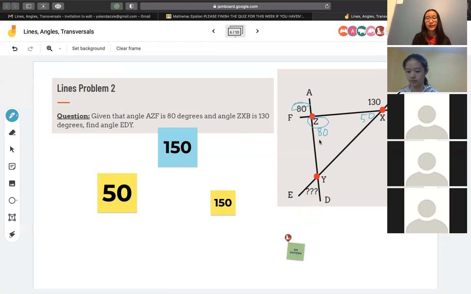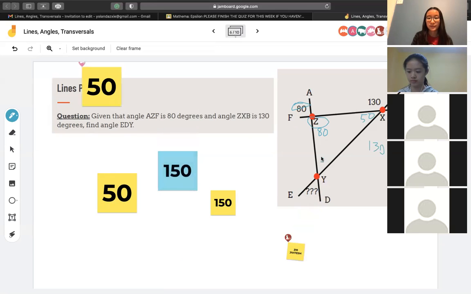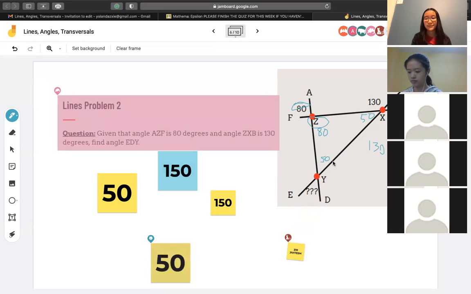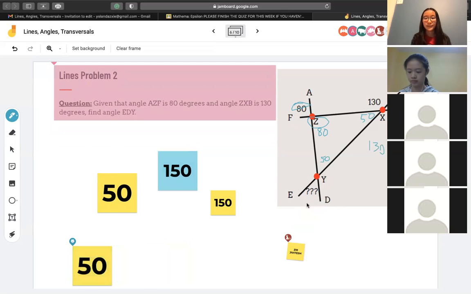And then the angles of a triangle add up to 180 degrees. We already have 130, so the last angle is here, which is 50 degrees. And that is a vertical angle with EYD, so this is also 50 degrees, which is your answer.